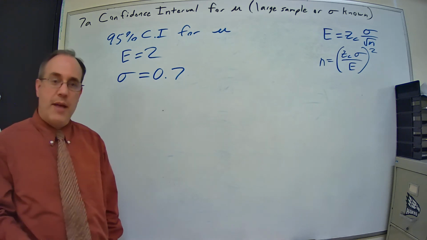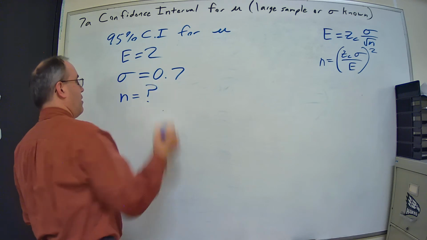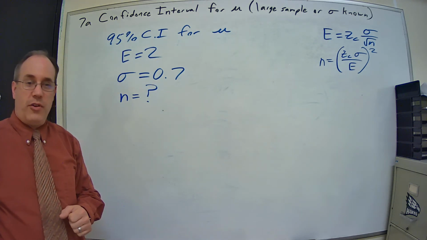What size sample do I need to create this 95% confidence interval?